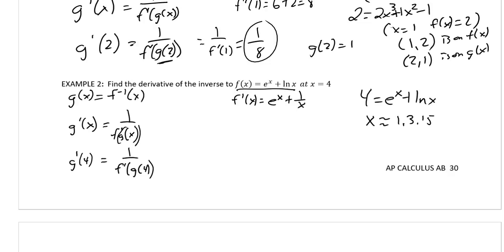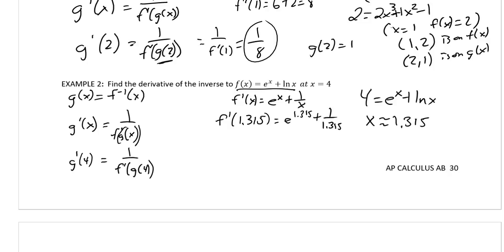Now, so then we want to take f prime of 1.315, which is e to the 1.315 plus 1 divided by 1.315. And so we can calculate that with our calculator as well.